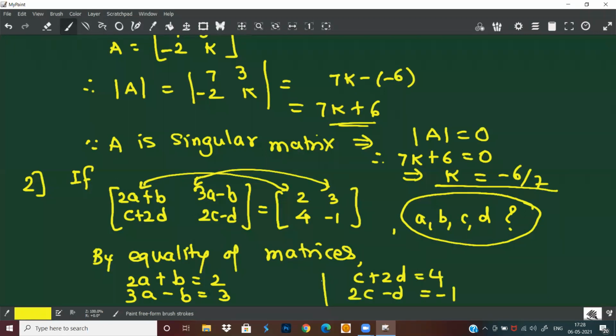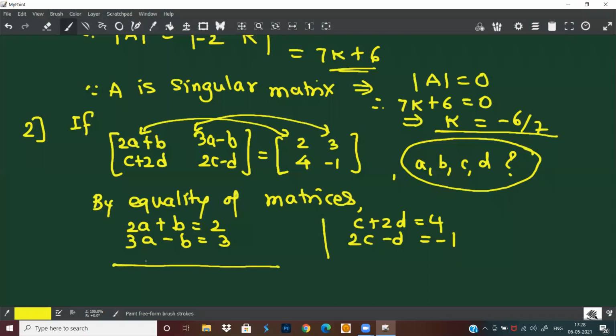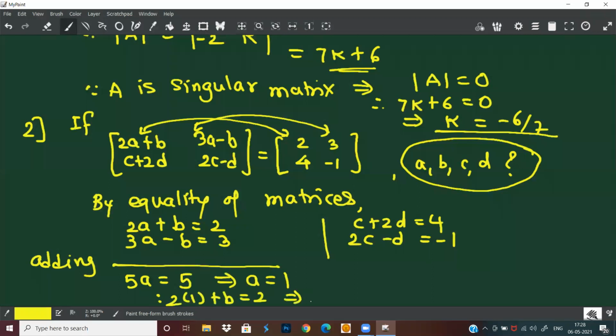अभी solve करो, यहाँ तो add ही करना है. 5A is 5, implies A is 1. A1 and B0 आया, super. अभी ये solve करो.